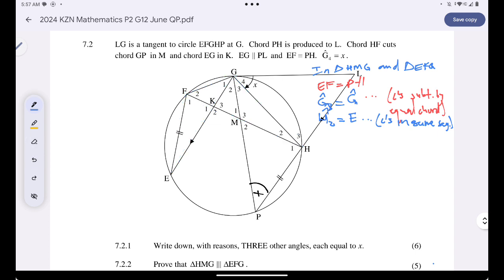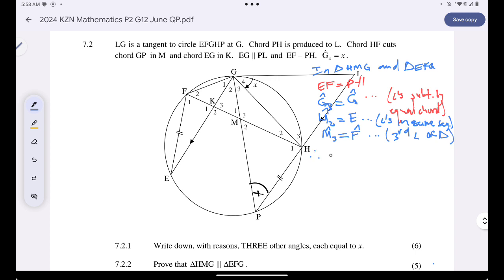So I can therefore conclude that the whole of angle F is equal to M3. Why? This is the third angle of a triangle.